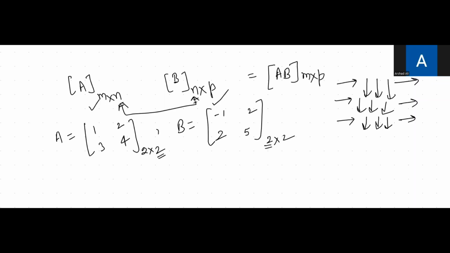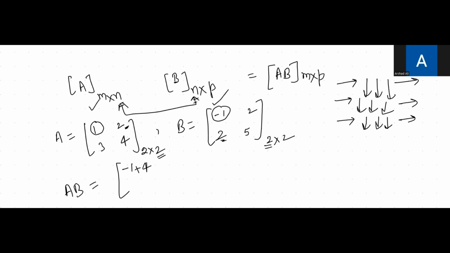So AB is equal to, what is the first row? 1, 2. And the first column? Minus 1, 2. So row into column, corresponding elements. 1 multiply minus 1 gives minus 1. Now 2 multiply 2 gives 4. Add both numbers. So first row, first column is completed.